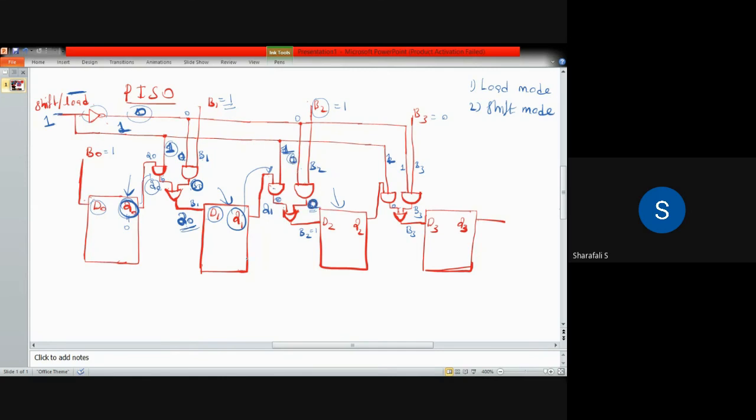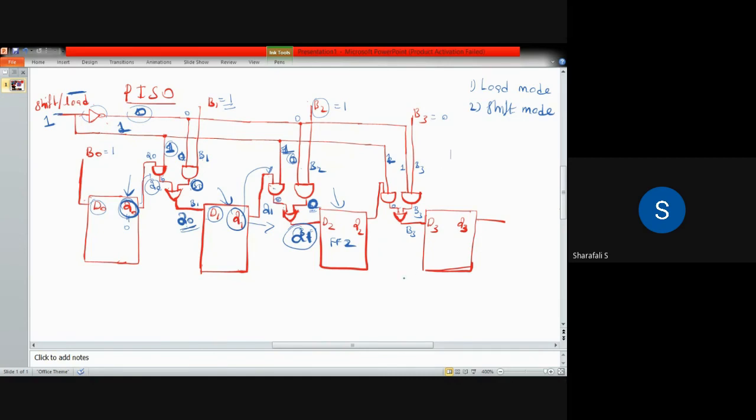This line is 0, so Q1 OR 0 will become Q1, which means that flip-flop 3 will have input Q1, which will then be given as output. So this Q1 is shifting to Q2. So shifting is happening after loading. At that time it will be operating in the shift mode. The first one is load mode, the second one is shift mode, and you can operate in both ways.